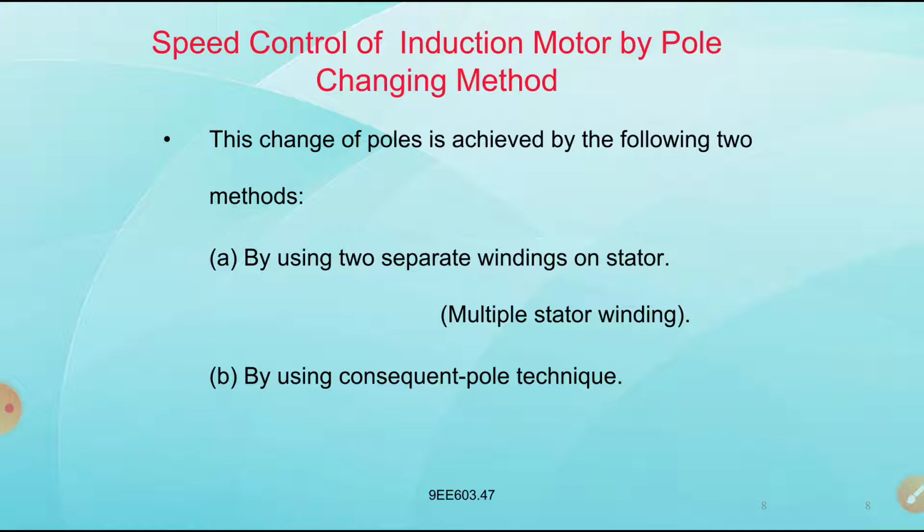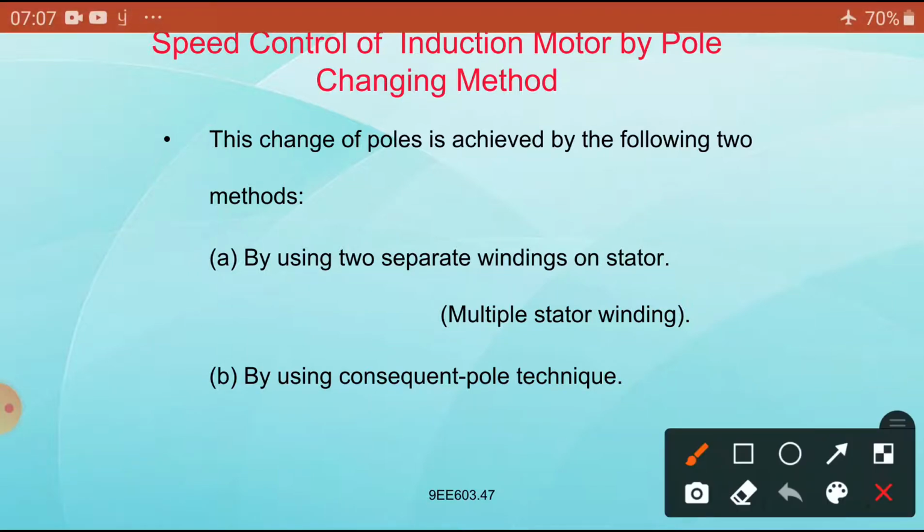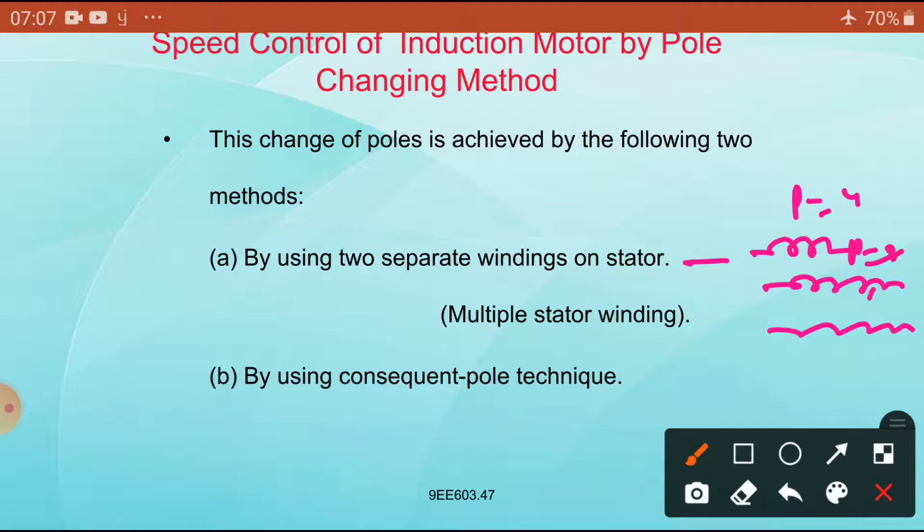Okay, dear students, what is happening in this case, by using the separate windings, so this winding, this winding, this winding, that means P is equal to 4 pole machine, P is equal to 8 pole machine, P is equal to 16 pole machine. Connect one winding at a time and keep the remaining windings open.